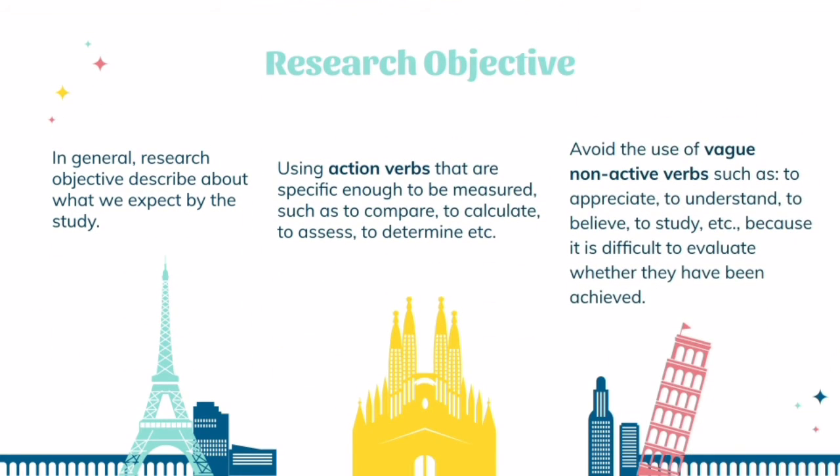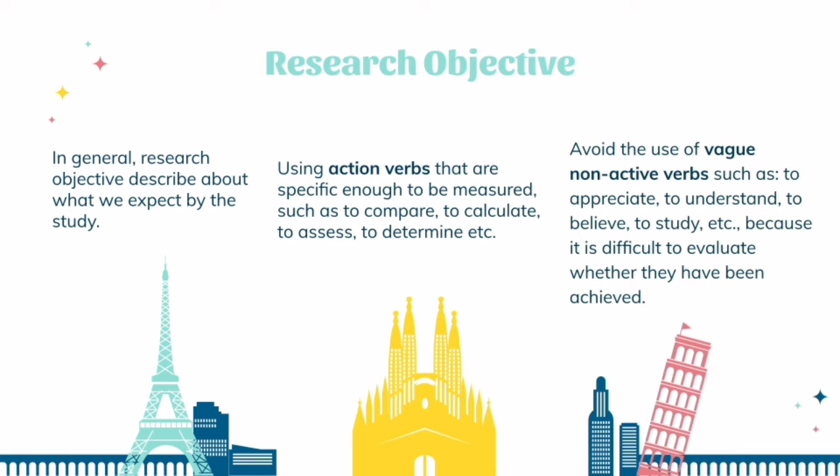We come to the research objective. In general, research objective describes what we expect from the study. So basically, research objective is to specify how the study will answer the aim.